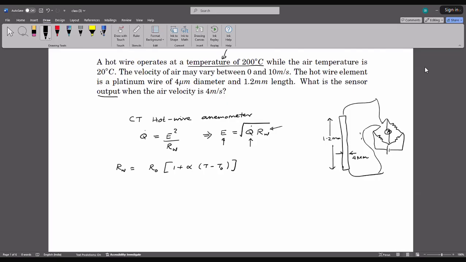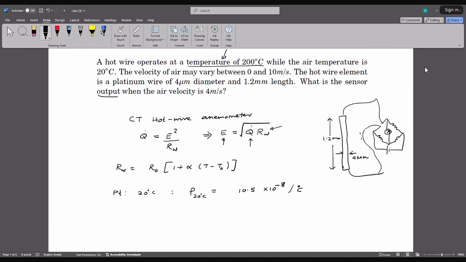Let's say this is platinum, right? So for platinum, at 20 degrees centigrade, from the material table, we can find the resistivity is 10.5 into 10 to the power minus 8.